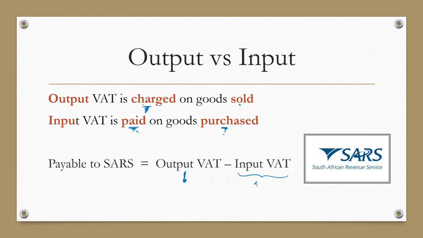And the difference between the two must be paid over to SARS. Obviously, if the input VAT is more than the output VAT, then it will be payable by SARS. Then SARS owes us that money. So read carefully when we do calculations: payable to SARS or payable by SARS.